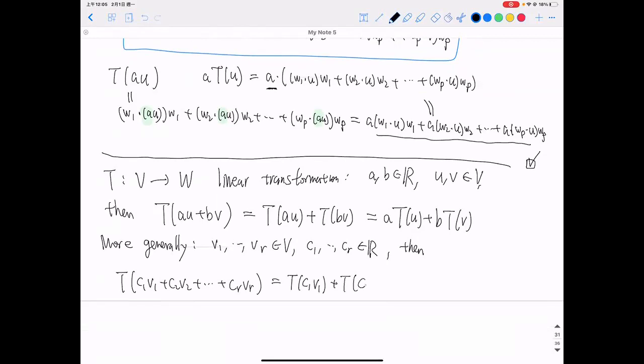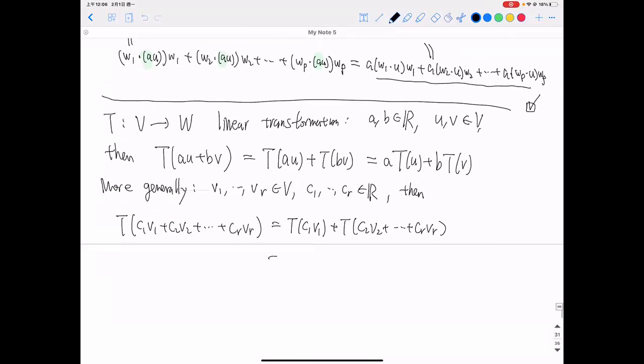You can write this as T of C1 V1 plus T of C2 V2 plus everything else. And T of C1 V1 can be written as C1 times T of V1. Then you repeat the process of breaking off one term at a time. So you get C2 T of V2 and so on, all the way to CR T of VR.